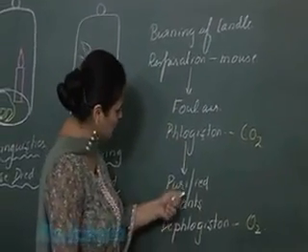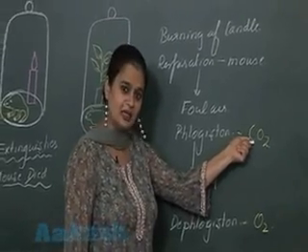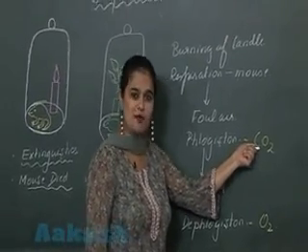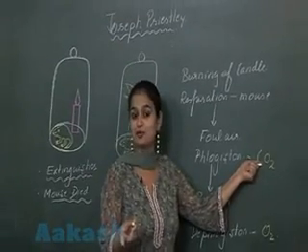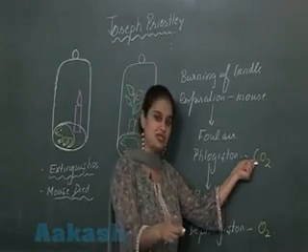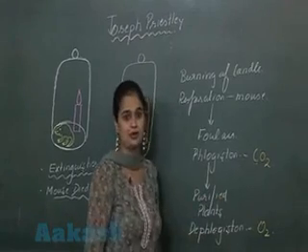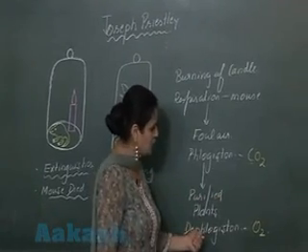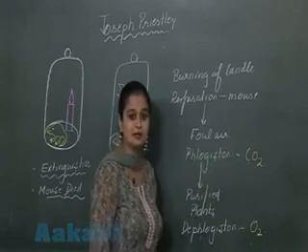Yes, plants, what will they do? They will consume this carbon dioxide, perform photosynthesis, and you know that one of the byproducts formed in photosynthesis is oxygen, which results in the dephlogiston. So dephlogiston is oxygen and phlogiston is carbon dioxide.